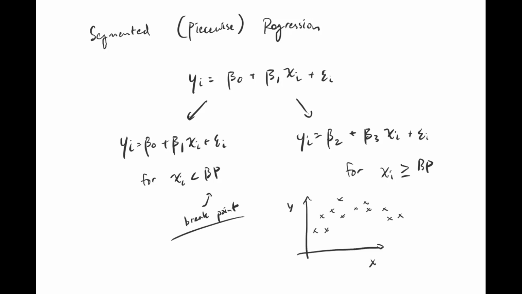If you fit a regular linear regression, it might look like that. But what the segmented piecewise regression does is it says, okay, let's create a breakpoint somewhere. So this is my breakpoint. And I'm going to run one linear regression like that, and then one linear regression like that. Okay, that went too far because it went beyond the breakpoint. So let me draw it better like that.